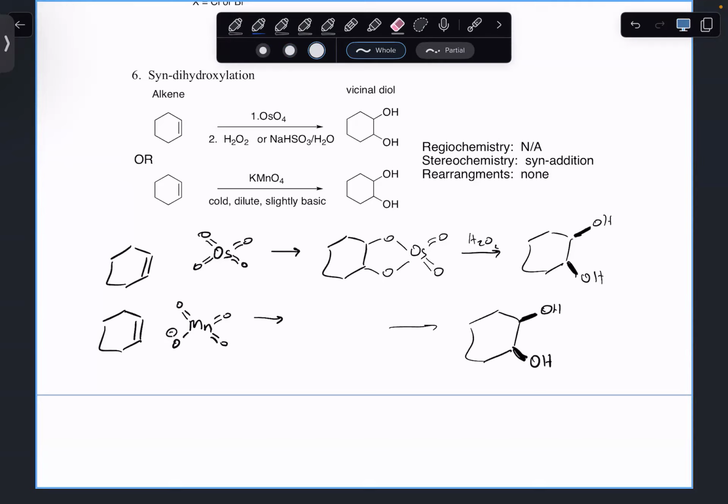However, if you're going to use the permanganate, it is important that you specify the conditions. It has to be cold and dilute. Because as you'll see shortly, if you add permanganate to an alkene and it's concentrated and hot, you're going to get a different product.